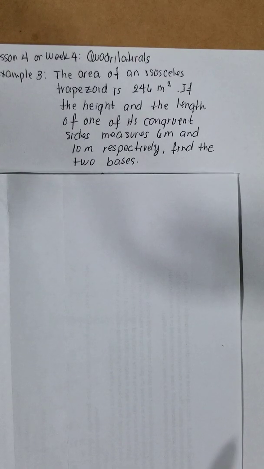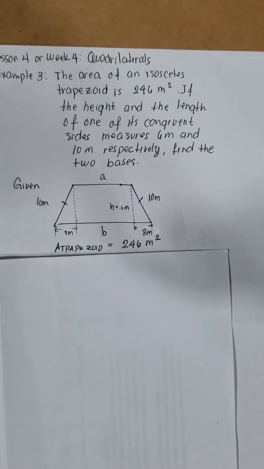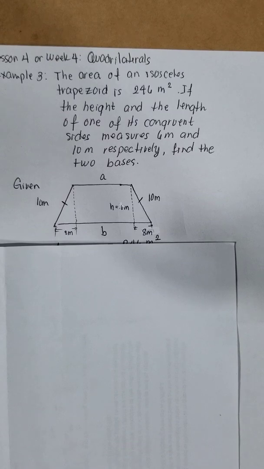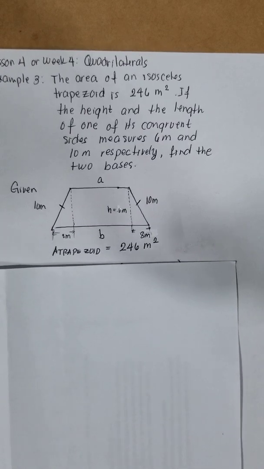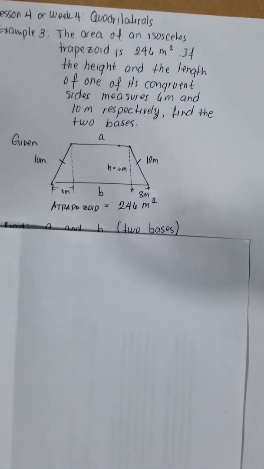In example number 3, we're given an isosceles trapezoid. An isosceles trapezoid is a quadrilateral with one pair of parallel sides. The area of the trapezoid is given as 246 meters squared.